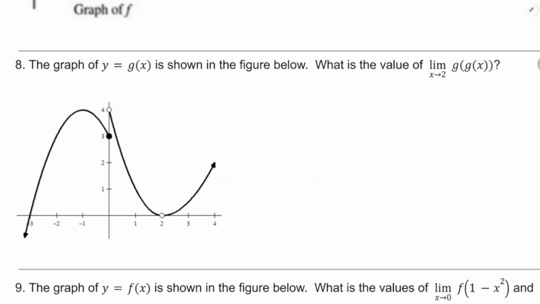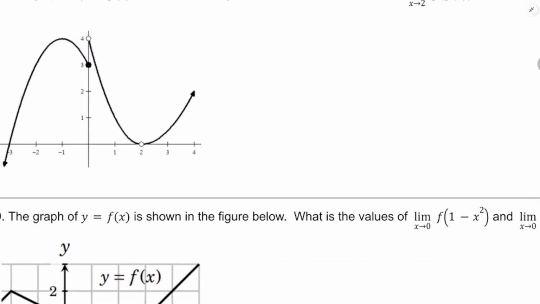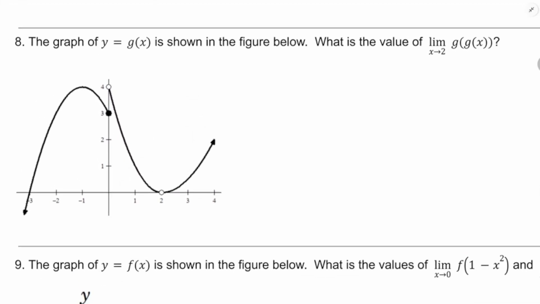G of x, f of 1 minus x squared, what we've got coming up next. These are tricky, I'm just telling you right now. So, g of x as x approaches 2. Well, let's just think about what's happening on the inside. That's what you want to do, one step at a time. So if we just think about what's happening to g as x approaches 2, that is going to equal 0.